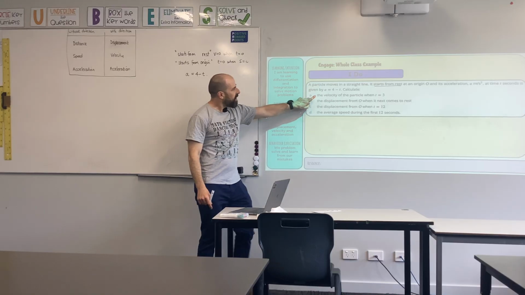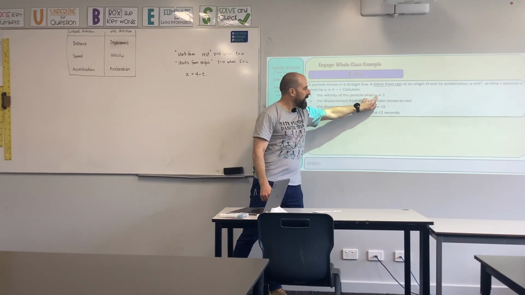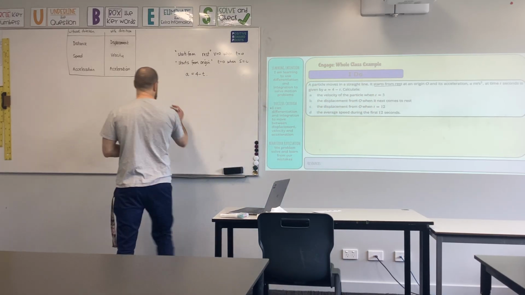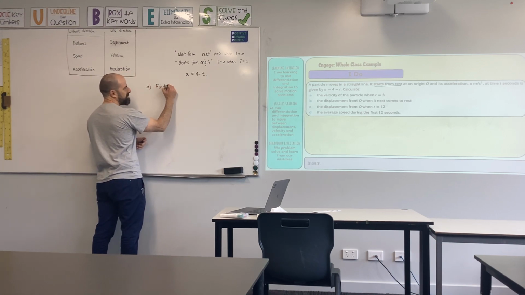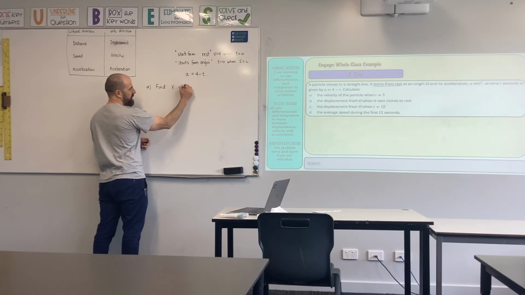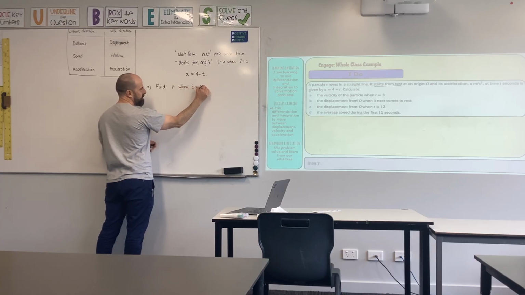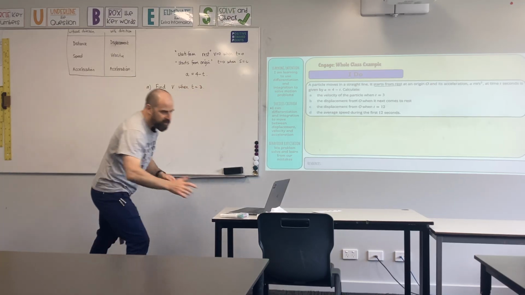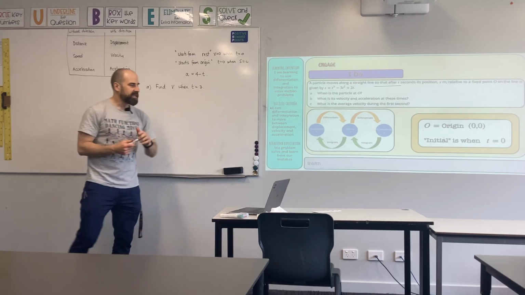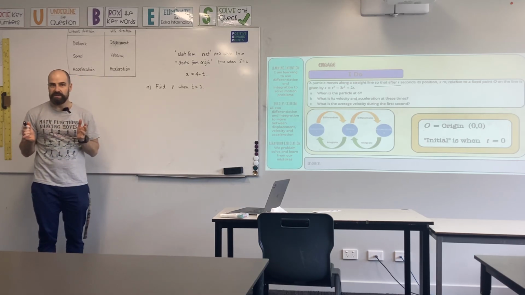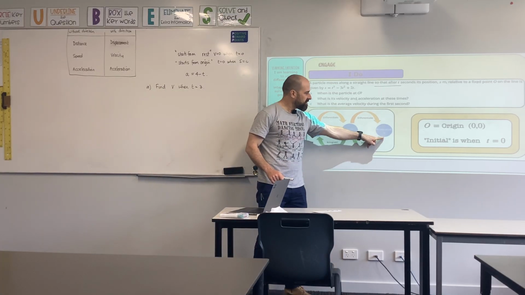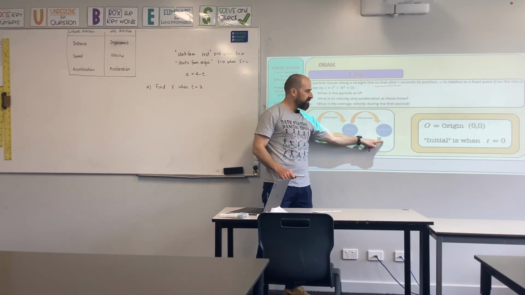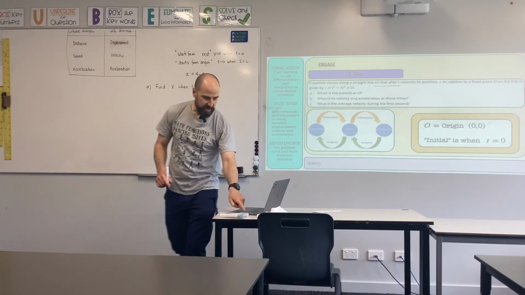Part A, find the velocity of the particle when t equals 3. How do we go from acceleration to velocity? We have to integrate, do the antiderivative of the acceleration formula.